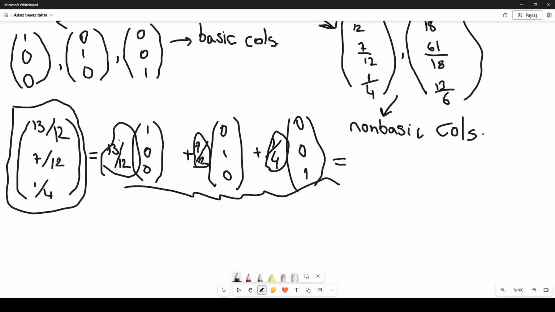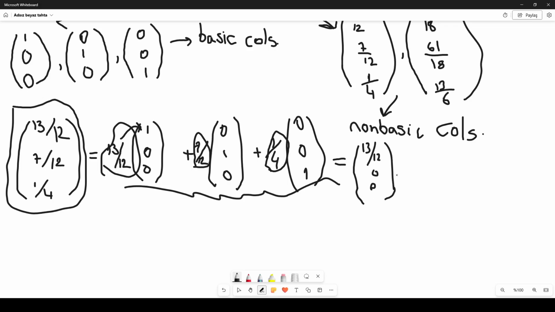Multiplying by a scalar means we multiply each entry of the matrix or vector by that value. So multiplying by 13/12, we first got 13/12, 0, 0, because multiplying by 0 gives us a 0 back, so no change.